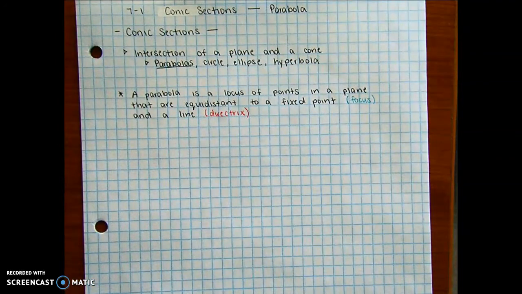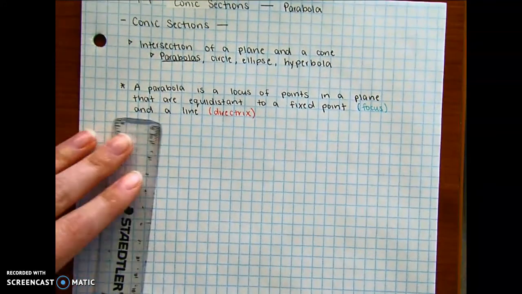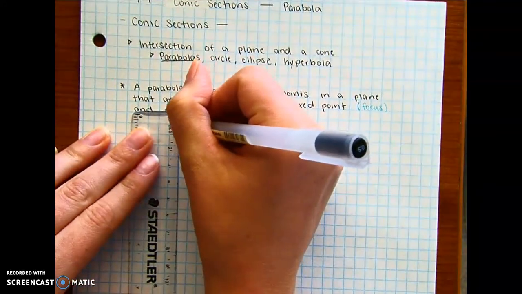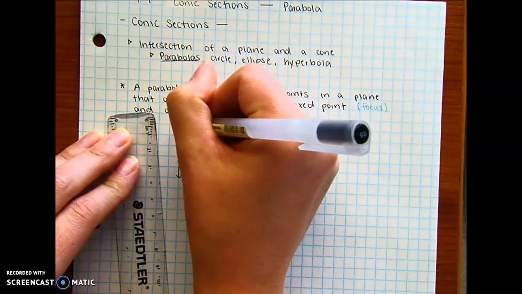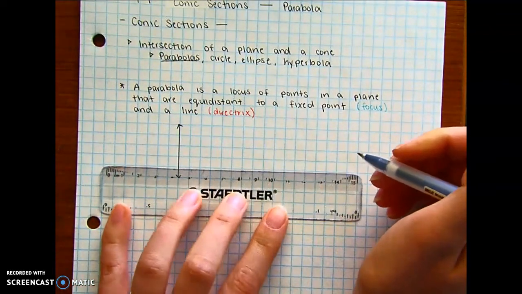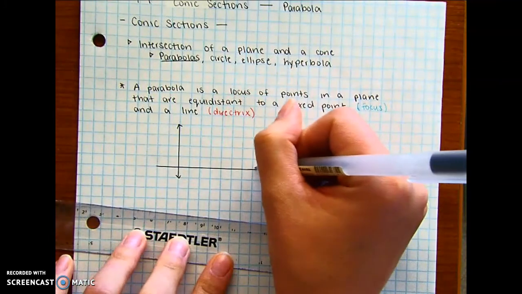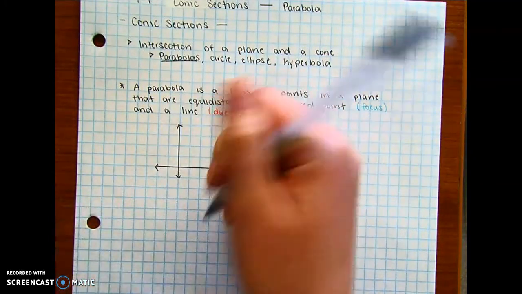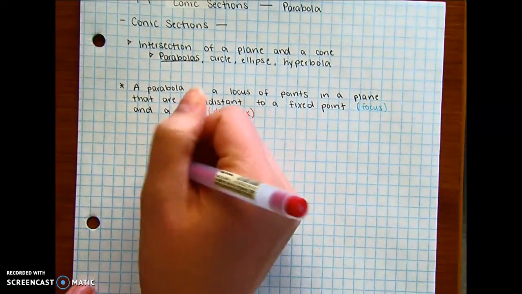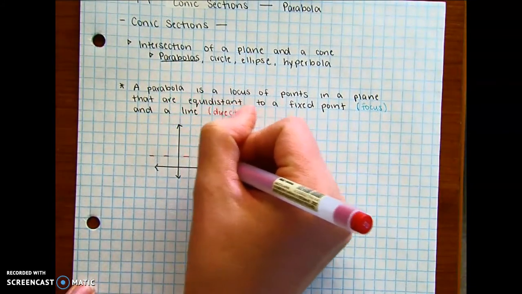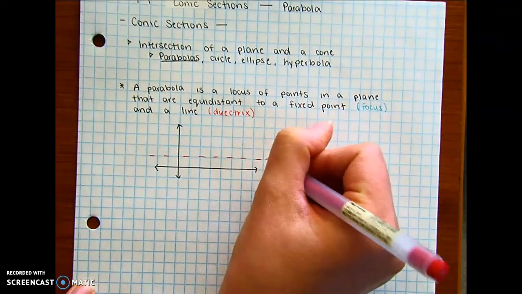Okay, so let's make a picture to show you what this looks like. And you guys are familiar with what a parabola looks like, but you're not necessarily familiar with the terms directrix and focus. Essentially we have a directrix, which is a line. I'm going to make a horizontal line for this example.